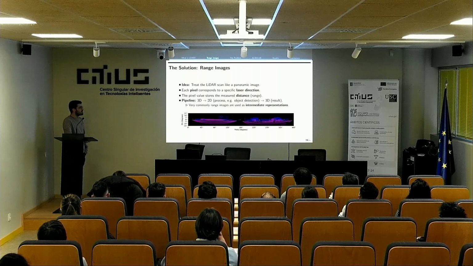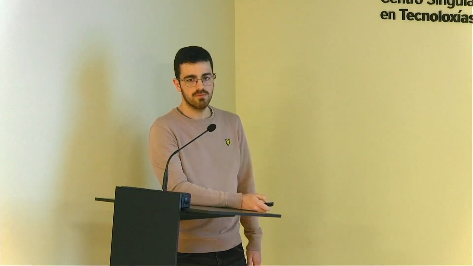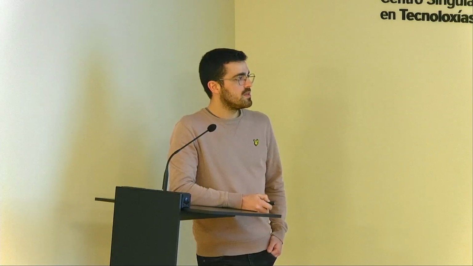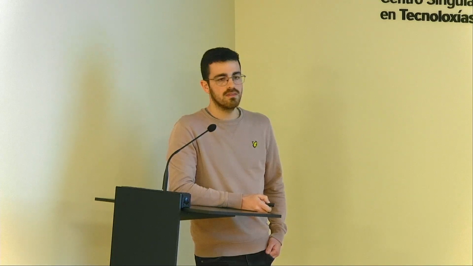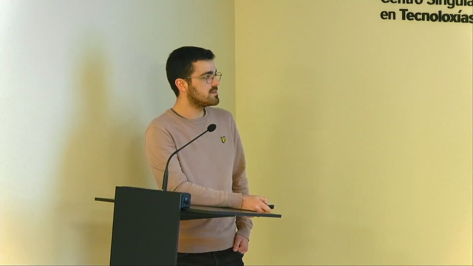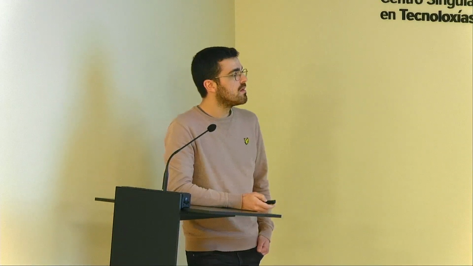And then when we're done, we project back to 3D to get the original point cloud, but with all the elements identified in 3D space, which is what we want at the end of the day. So basically we are using range images as intermediate representations to facilitate task computation. That's the main idea I want to convey. These are just intermediate representations of point clouds that allow them to be processed more efficiently. If you understand that from range images, that's enough.